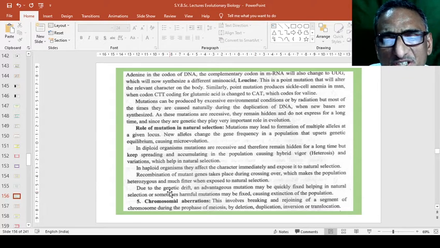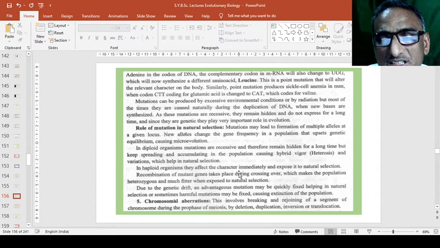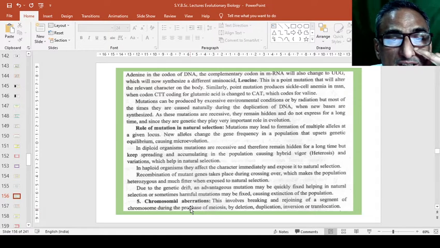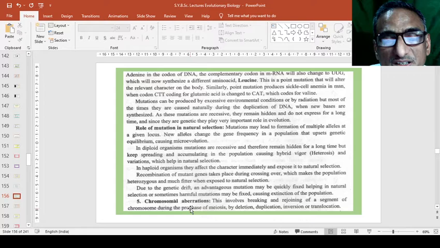Then recombination of mutant genes takes place during crossing over because this is a natural phenomenon. When crossing over is completed, they again show the changed characters after linkage. They exchange the characters and form a new one. In this way, new changes occur in animals due to mutation in natural selection.